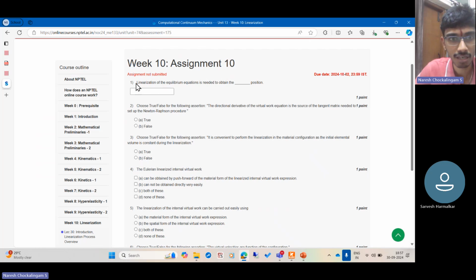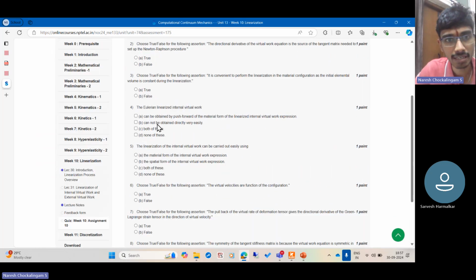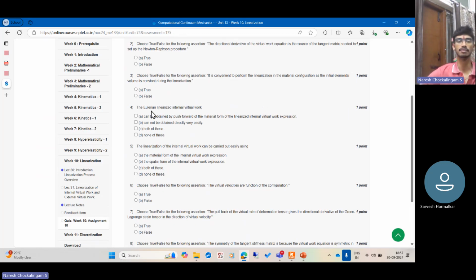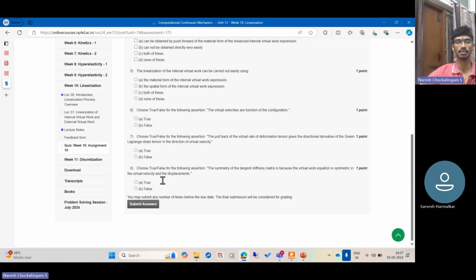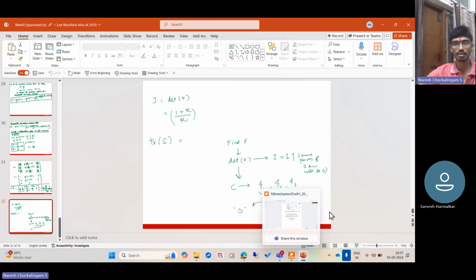So the first question is about linearization of the equilibrium equations, and even the second question is regarding that, the Newton-Raphson procedure and the directional derivative of the virtual work equation. Now, I will not give you the answers, but the concepts I cover will be just enough to answer these assignment questions.